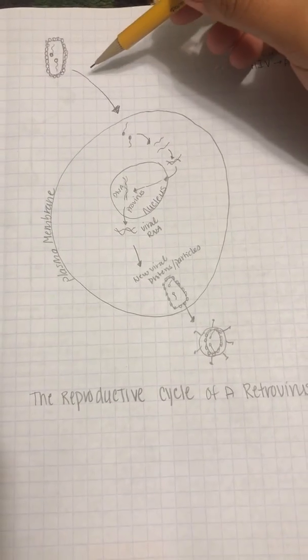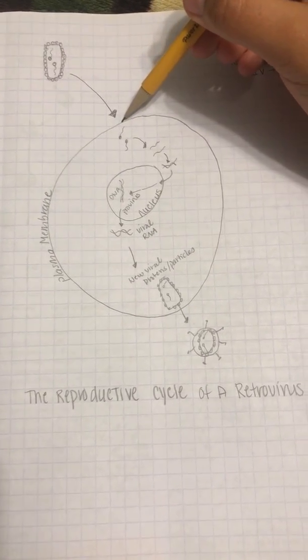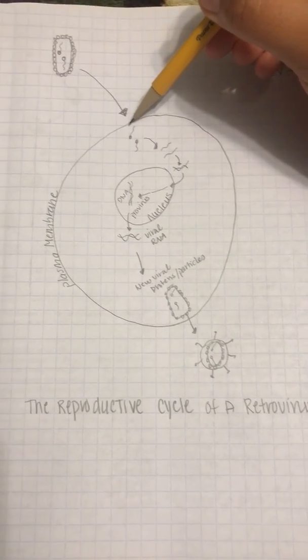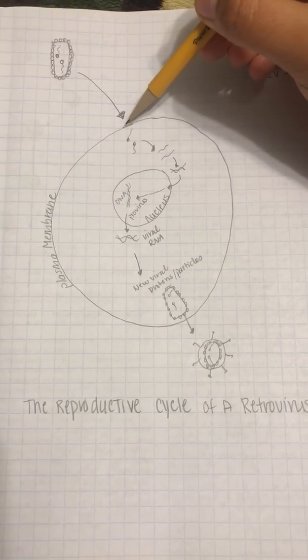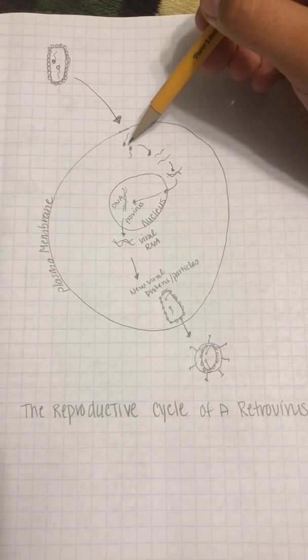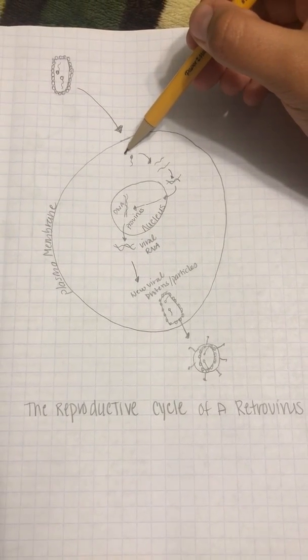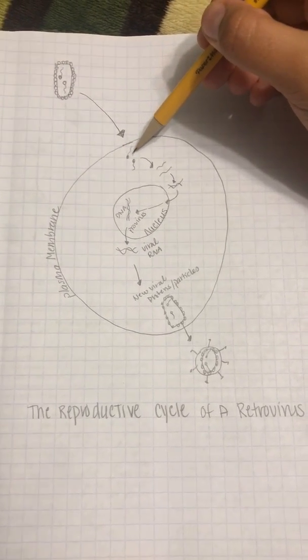So what happens is this capsid binds with the plasma membrane, and when it binds to the plasma membrane, it'll release its contents, which is the reverse transcriptase and the RNA genome.